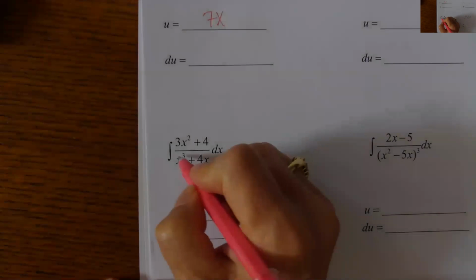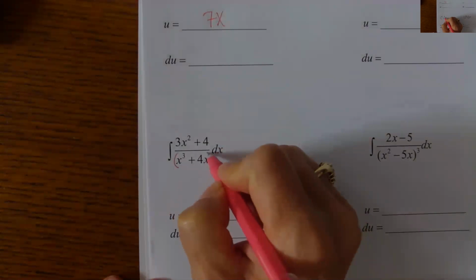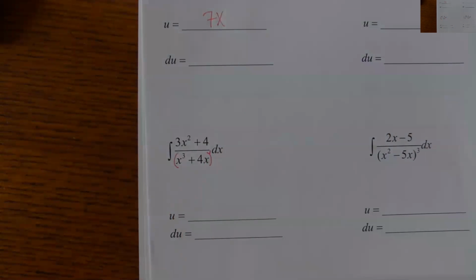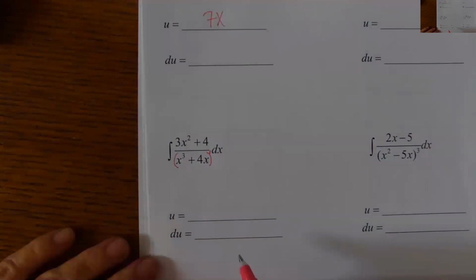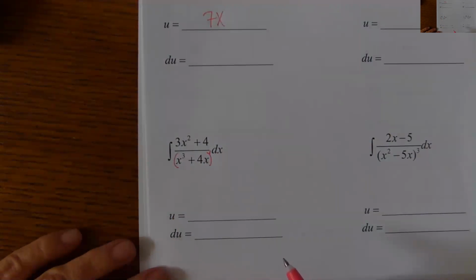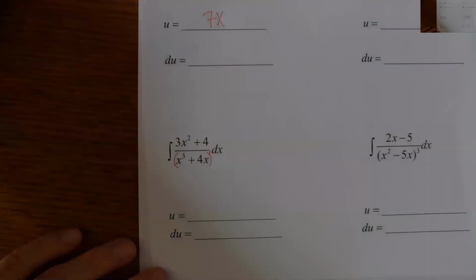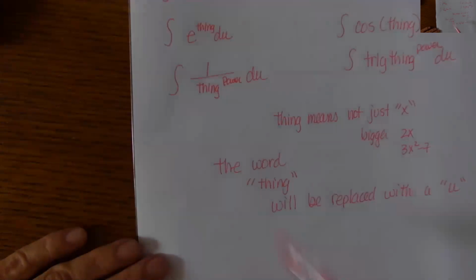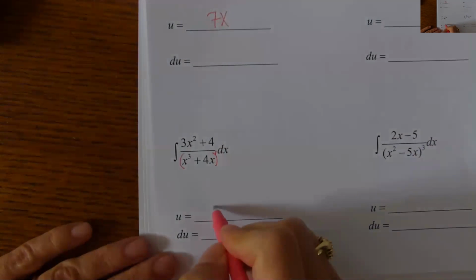Let me help you. Is that really x cubed plus 4x to the first? So what's the U? Look at the one you wrote down. It's in a bottom, and there's only one of them that's in a bottom. So what's the U? This is the only one that's got a bottom. So what's the U going to be?